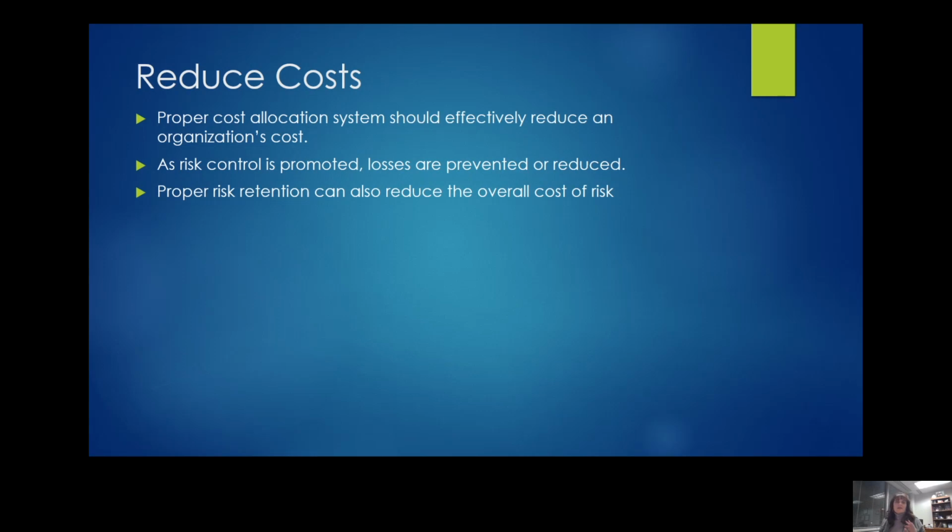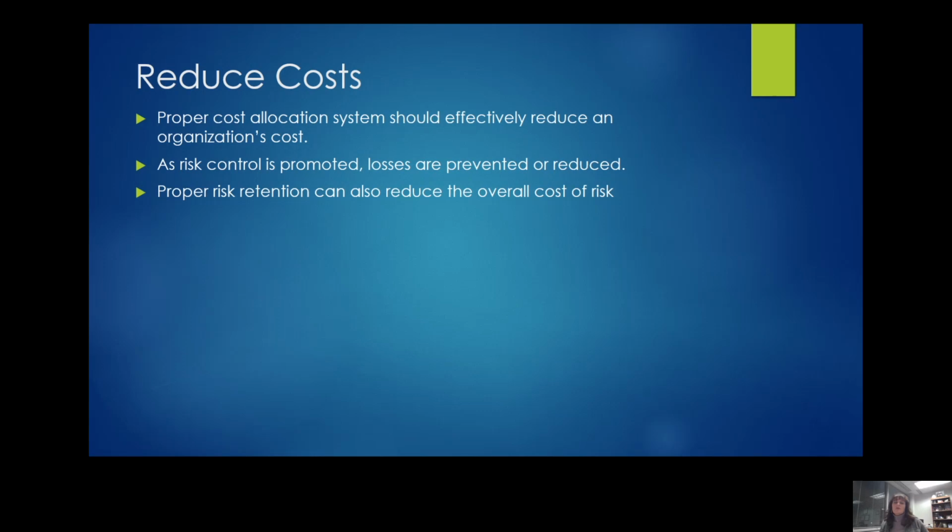Reducing costs is obviously the most important thing. We always want to reduce costs. In order to do that, you need to come up with the most effective way of allocating those costs to the organization, because the closer you can align them with the responsible party and the people who have the most control over that loss or expense, the more incentive they have to act. Otherwise, they're not going to have any incentive to do anything with it.